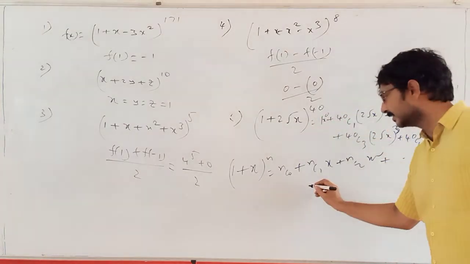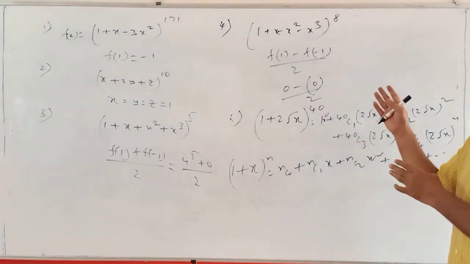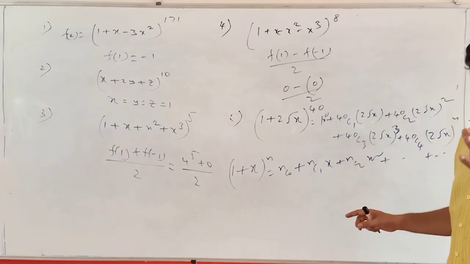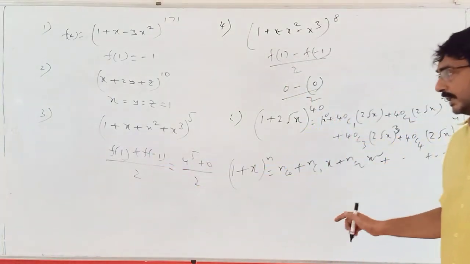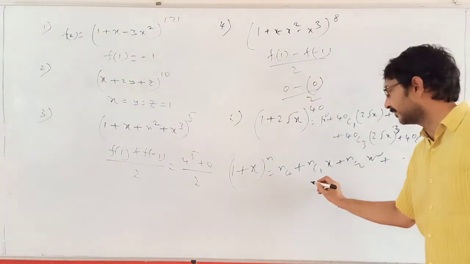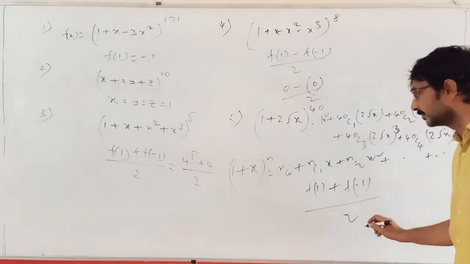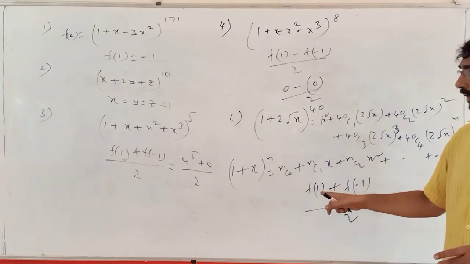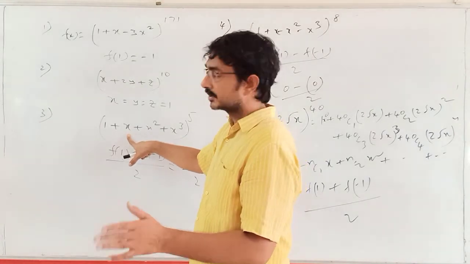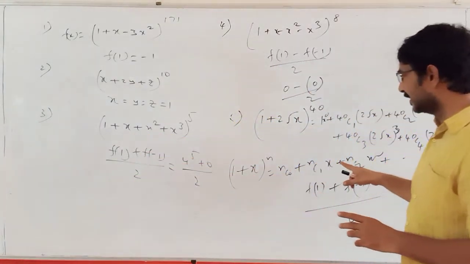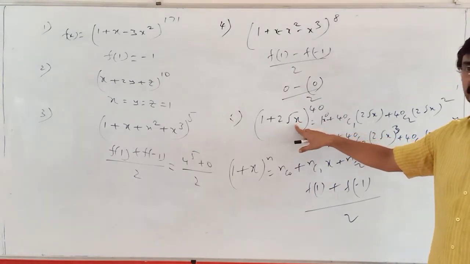So required is nothing but a0 plus a2 plus a4 and so on. There is a formula, see the third formula, for a0 plus a2 plus a4 and so on: [f(1) + f(-1)]/2. But in that formula the variable is x, so put x equal to 1. Here the variable is not x, the variable is √x.